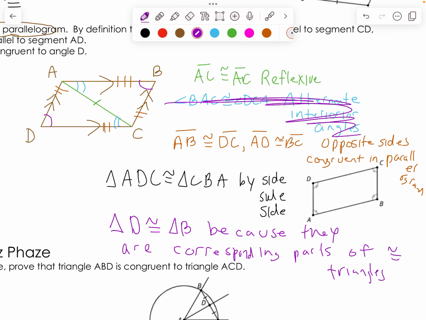Okay, so I'll keep that on the screen there for a minute. Kind of did a step I didn't need to do, my bad, but the triangles are congruent because of reflexive property. Opposite sides are congruent in a parallelogram, so we can use side, side, side. So the triangles are congruent, so the corresponding angles are congruent.